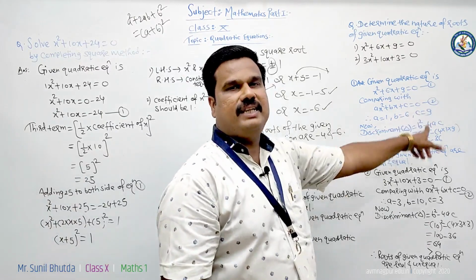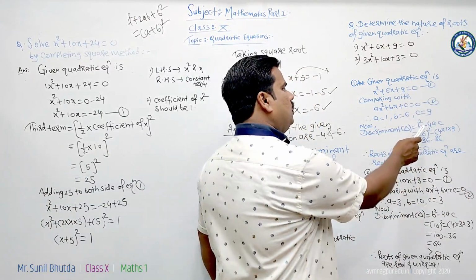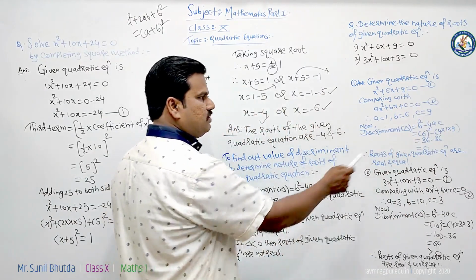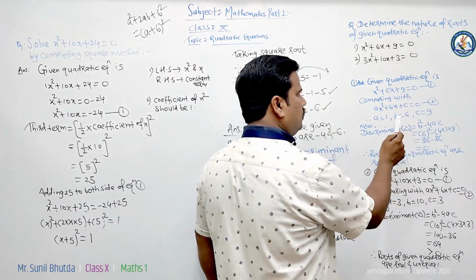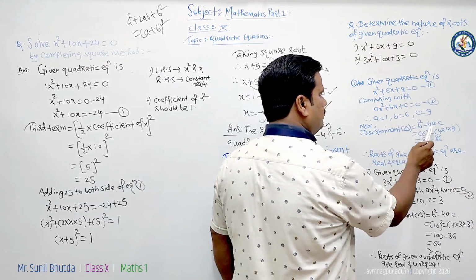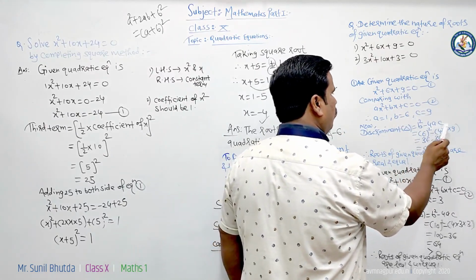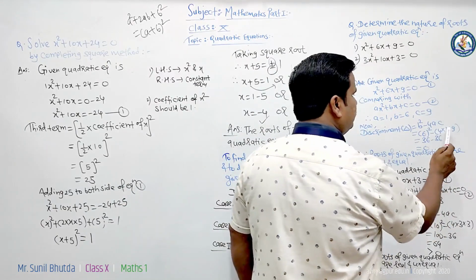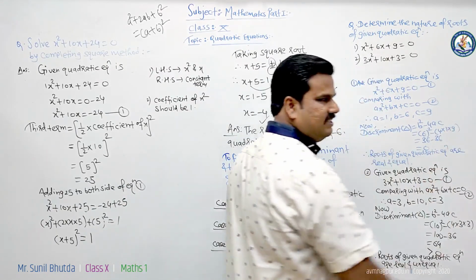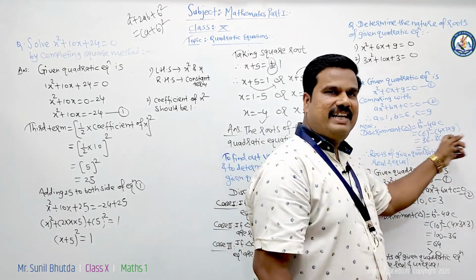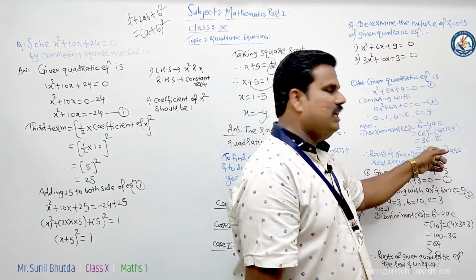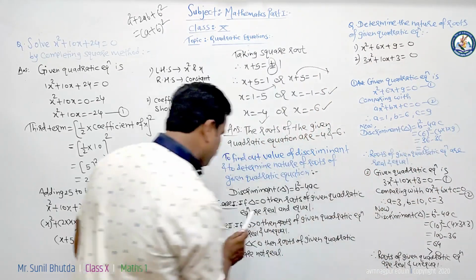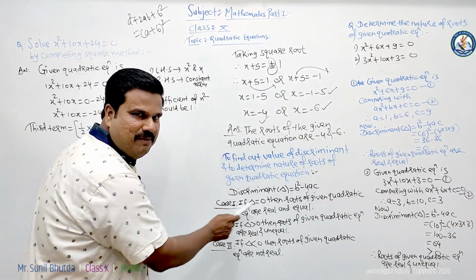Now find out value of discriminant. This discriminant delta is equal to b square minus 4ac. Value of delta is b square minus 4ac. Now put value of b. What is b? 6 square minus 4ac. 4 into a into c. 4 1s are 4. 4 9s are 36. 36 minus 36 will be equal to 0, and if delta is equal to 0, see our case number 1.